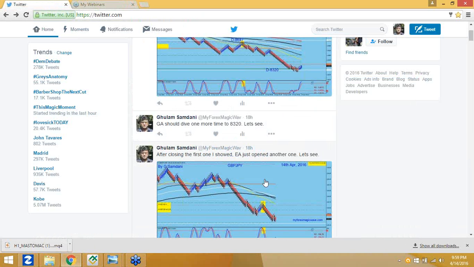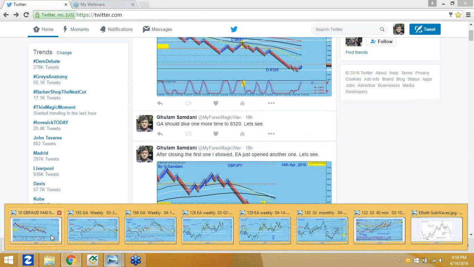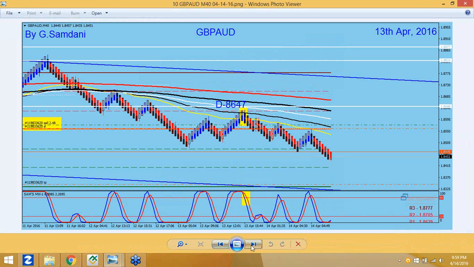Let's see. So I was short. I closed that trade, and then it went up, and on a 20-minute it gave me another entry. It opened up another trade, and that one came all the way to, see this one, I posted the chart later on after that, 83.20, and it came nicely and hit this. So that was another nice trade opened by this EA.